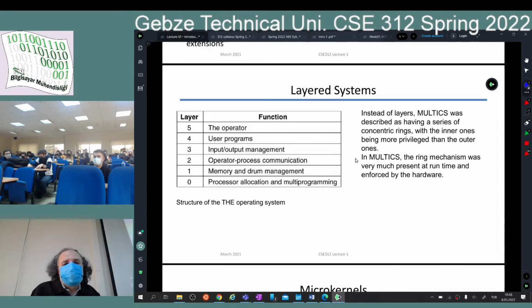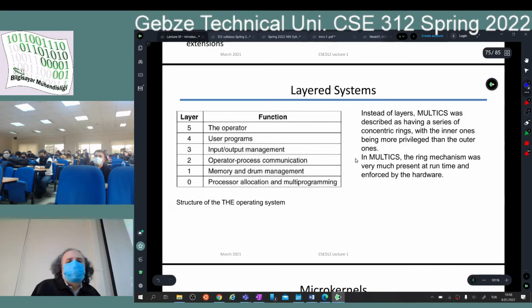So you design your operating system this way, and each layer knows its responsibility and the hardware knows its responsibilities. If this layer, the memory and drum for the secondary storage, tries to do something about CPU management, the hardware will tell the system that somebody is trying to do a process that is not valid for that layer. So these are the layered systems.